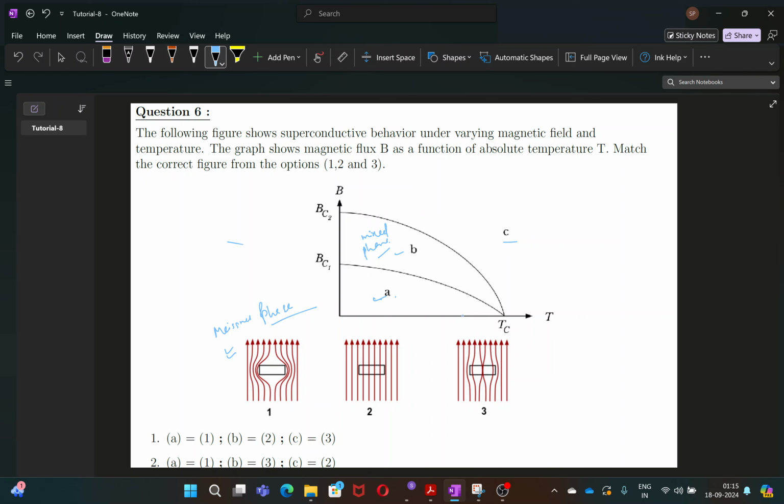And when the field lines pass through those normal regions, that makes it a vortex in the superconductor. So this is basically the mixed phase, where the picture will be like this, that the field lines are penetrating inside the superconductor, but it is not thorough or uniform, but through some random places.